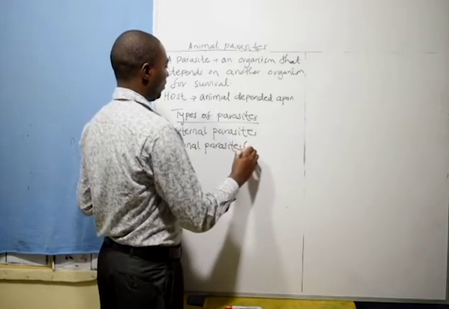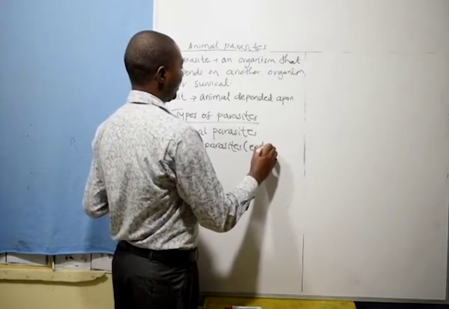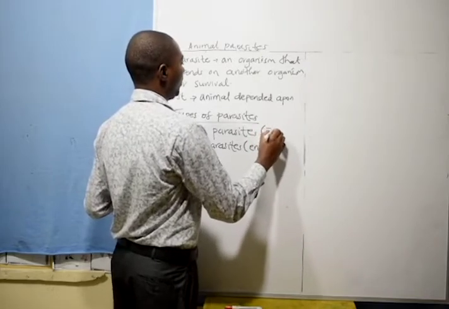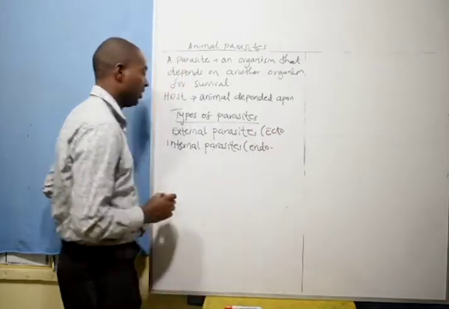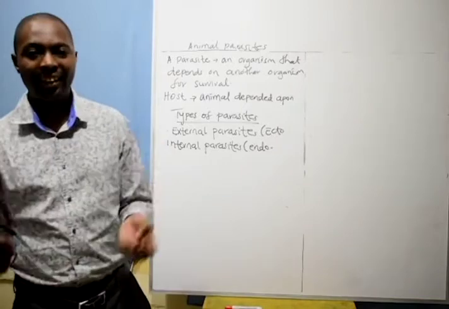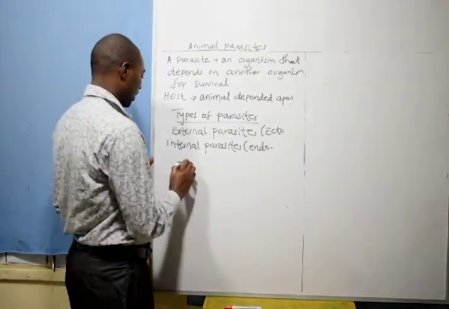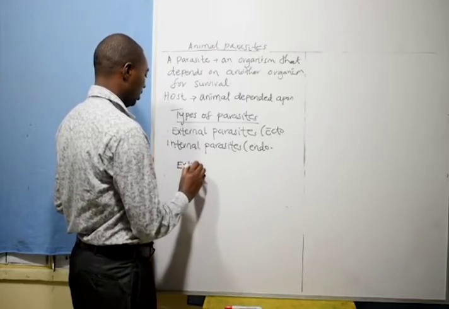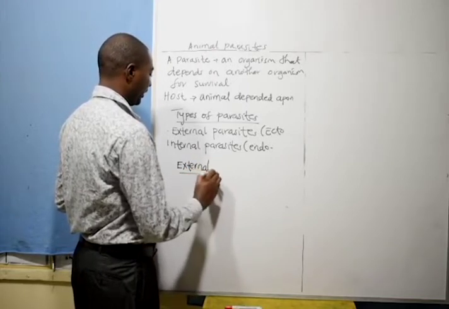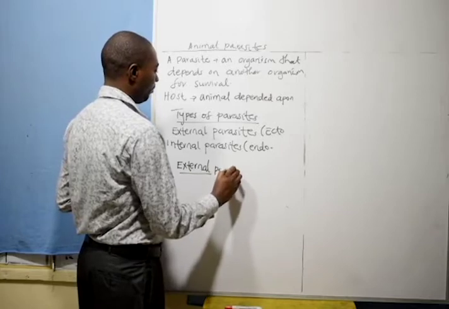The internal can also be called the endoparasites. The external ones can also be known as the ectoparasites. The external are those that attack the external parts of the body.